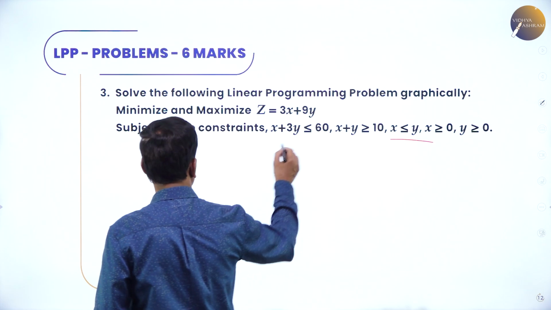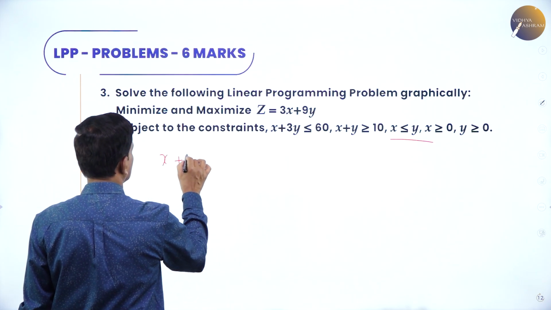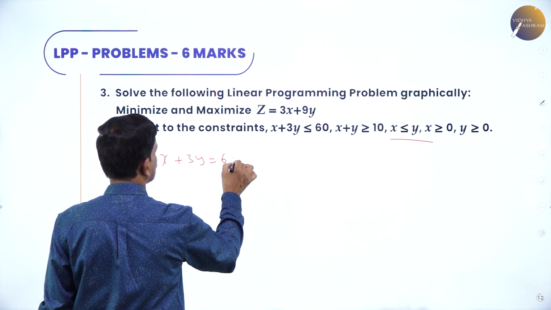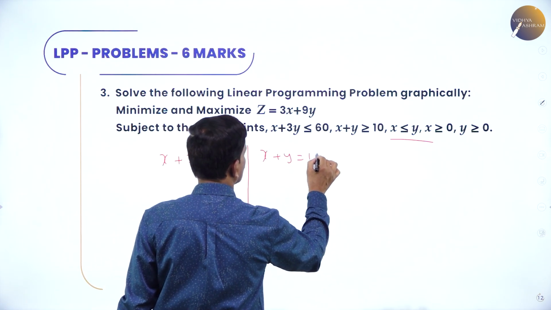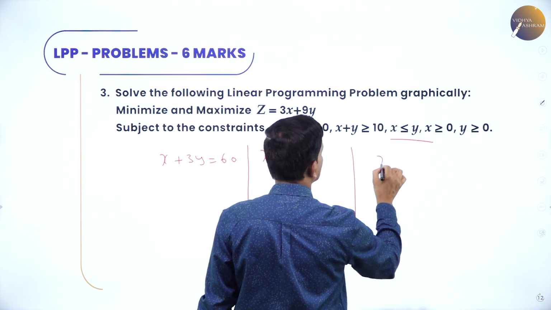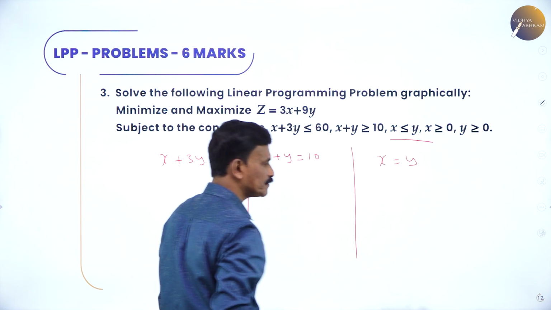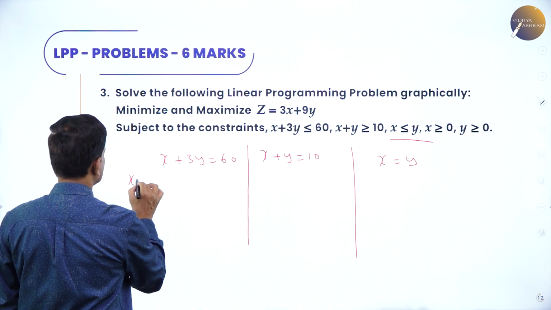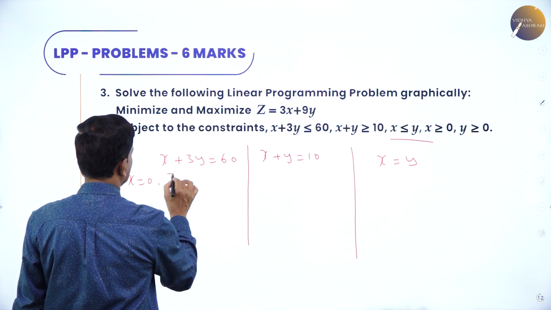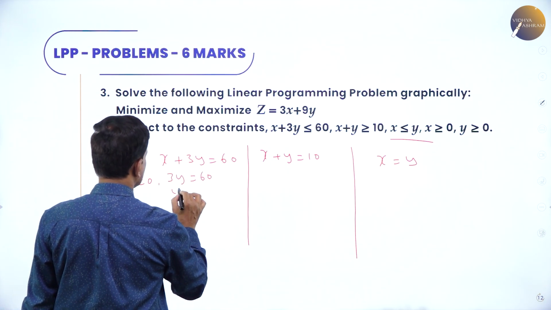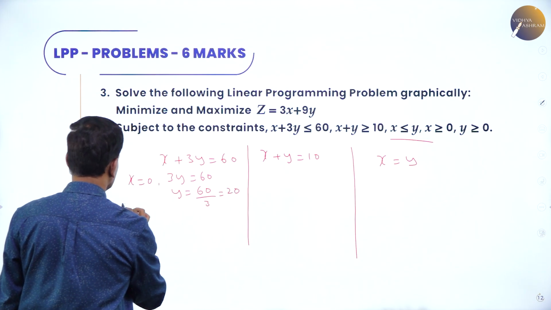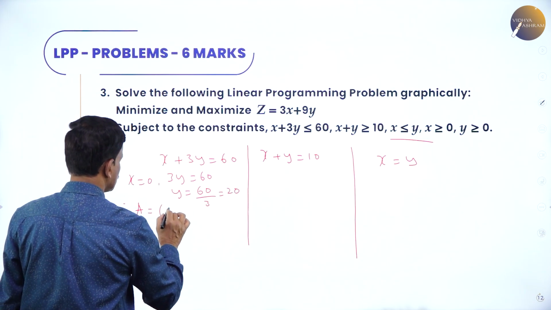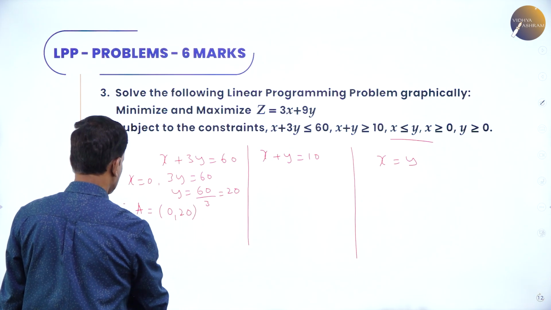Now let us convert these inequalities into equalities. x plus 3y is equal to 60, x plus y is equal to 10, and x is equal to y. If you put x is equal to 0, 3y is equal to 60, y is equal to 60 by 3, that is 20. So the first point A is 0, 20.